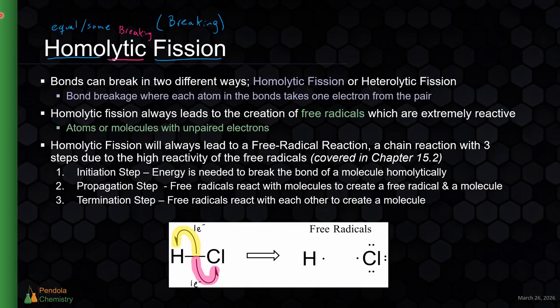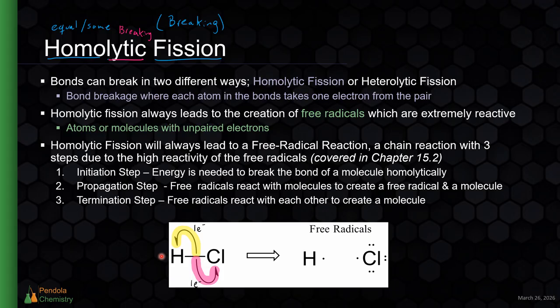Now, homolytic fission leads to a very particular, very special type of compound, and we've used this vocab term way earlier in the year, but we are now going to actually apply it and see what they do. Homolytic fission is always going to lead to the creation of what we call free radicals, which are extremely reactive. Free radicals are atoms or molecules with unpaired electrons.